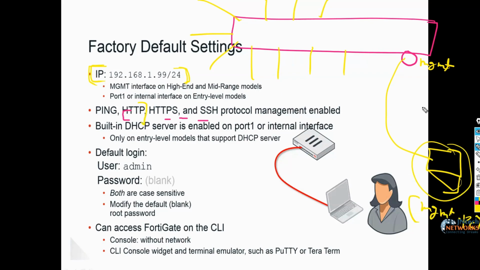From this machine, I can check connectivity because by default these services are enabled on the management port: ping, HTTP, HTTPS, SSH. So on a high-end or mid-range model, you will get a dedicated management port for configuration.